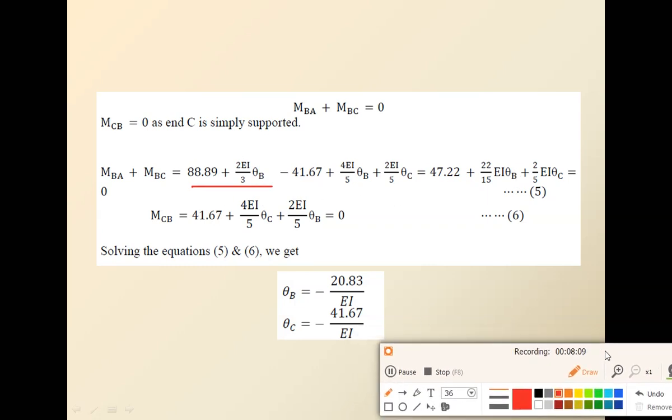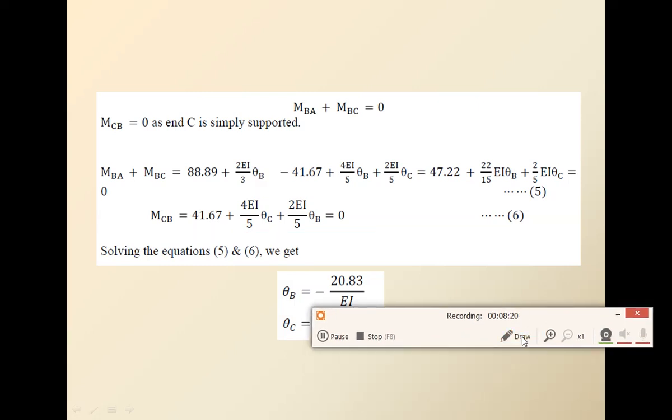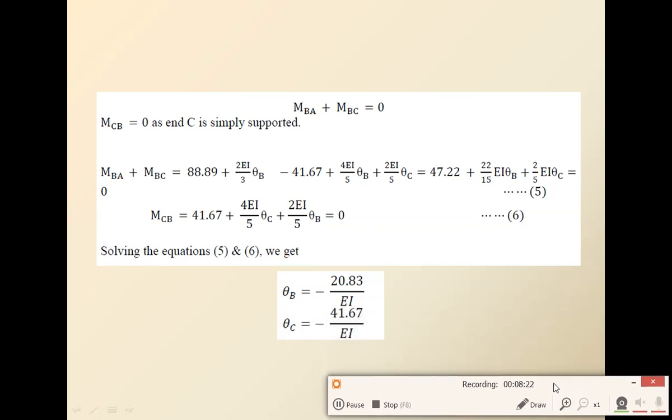Similarly, we have MCB equal to 0. So like this, you will have simultaneous equations in terms of the unknowns. By solving these equations, you will get the final rotations, that is, theta B is minus 20.83 divided by EI, and theta C is minus 41.67 divided by EI.